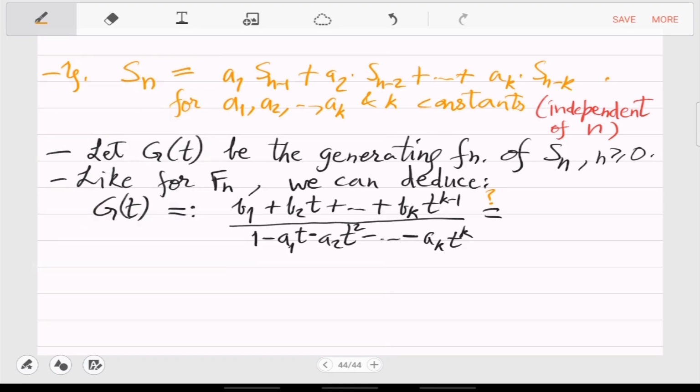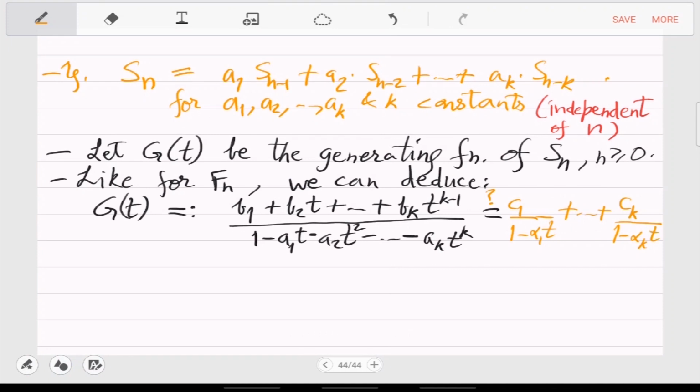And this you may potentially write like this, c1 over 1 minus alpha 1 t, and there may be k roots, so you will get this.